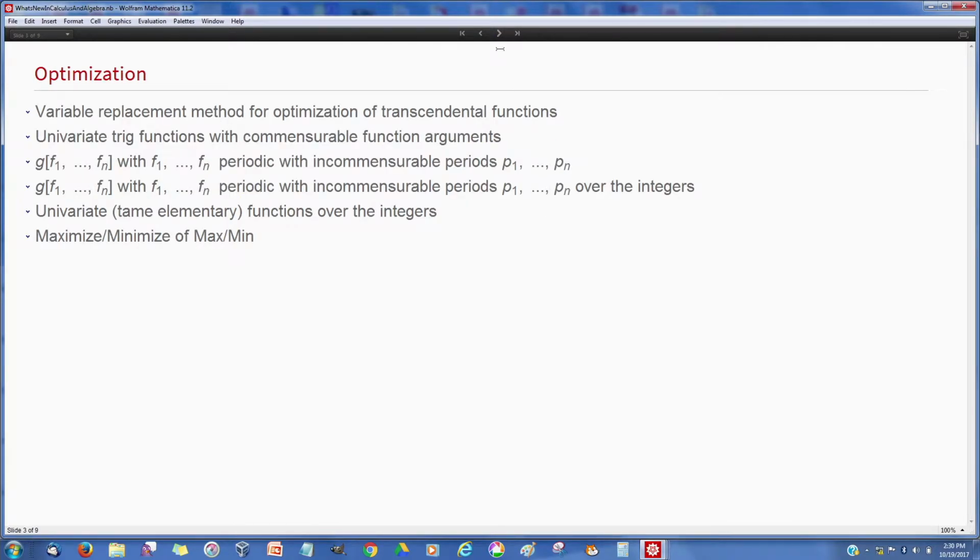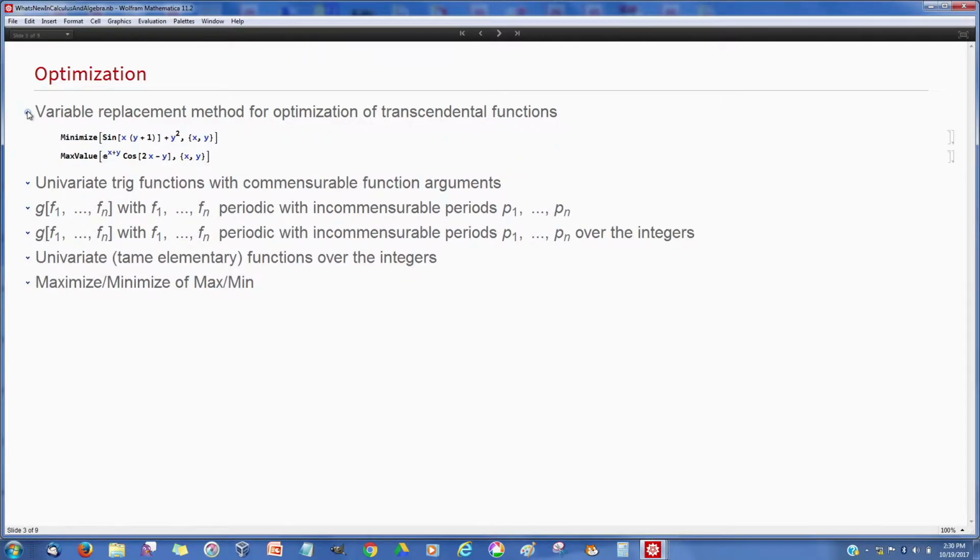So here are a few methods that have been added for exact optimization. First is a pretty general method: the variable replacement method for optimization of transcendental functions. Basically, if we have a composition like this, we can transform it into optimization in terms of variable replacing sine and one of the variables x or y.